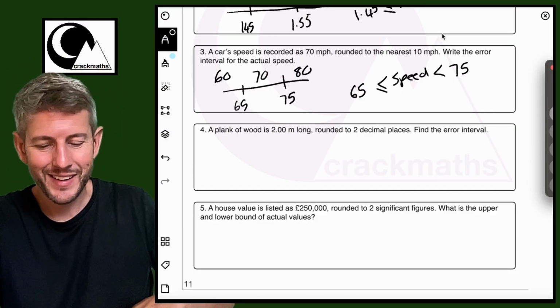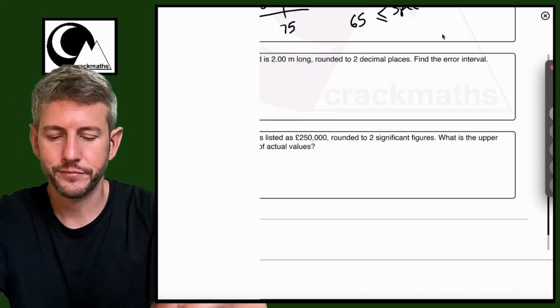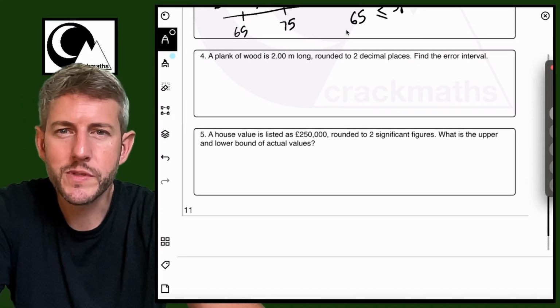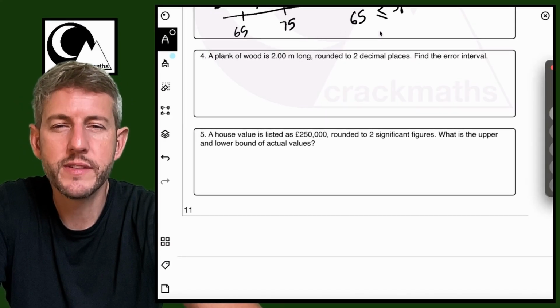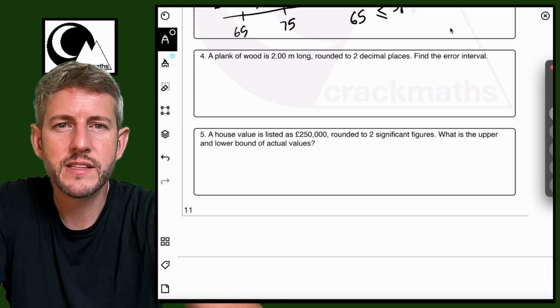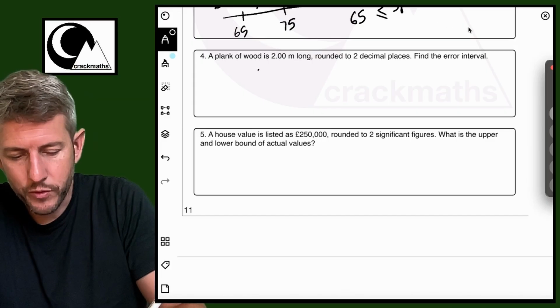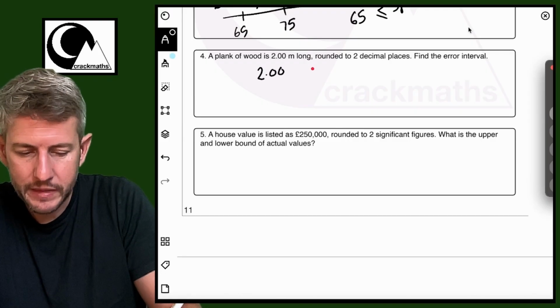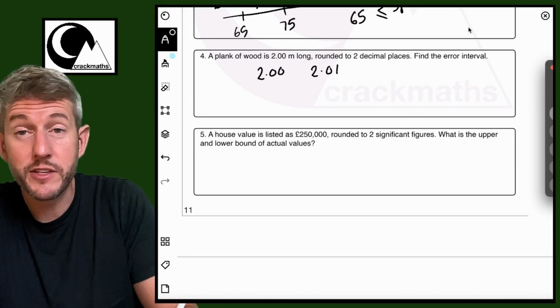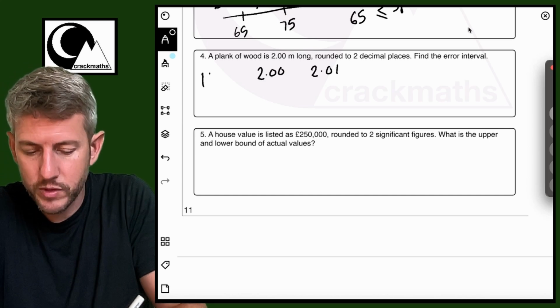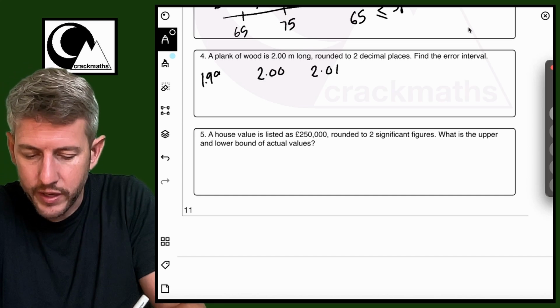Okay, right, let's try question 4. Question 4 says, a plank of wood is 2.00 meters long, rounded to 2 decimal places. Find the error interval. Okay, so we've got 2.00 here. It's been rounded to 2 decimal places, so the next one up would have been 2.01, and the next one down would have been 1.99.